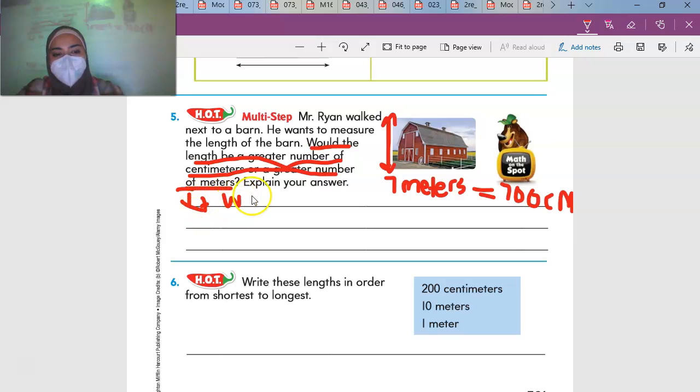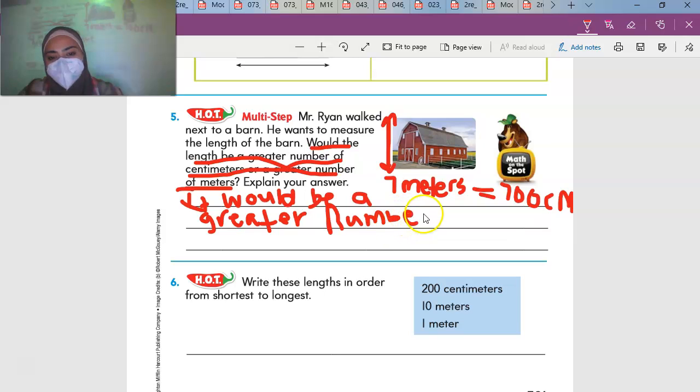It would be a greater number of centimeters.